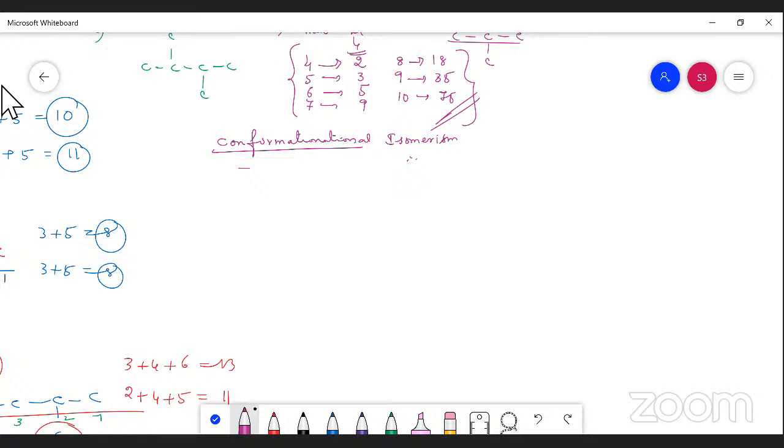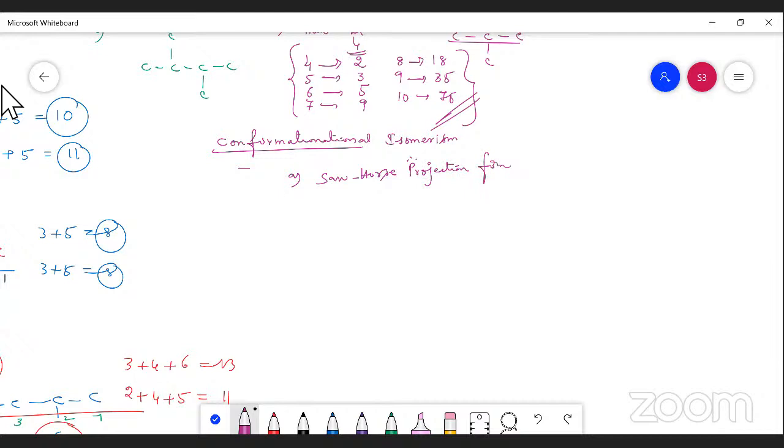Actually, organic compounds we express in two forms. One is the Sawhorse projection form.